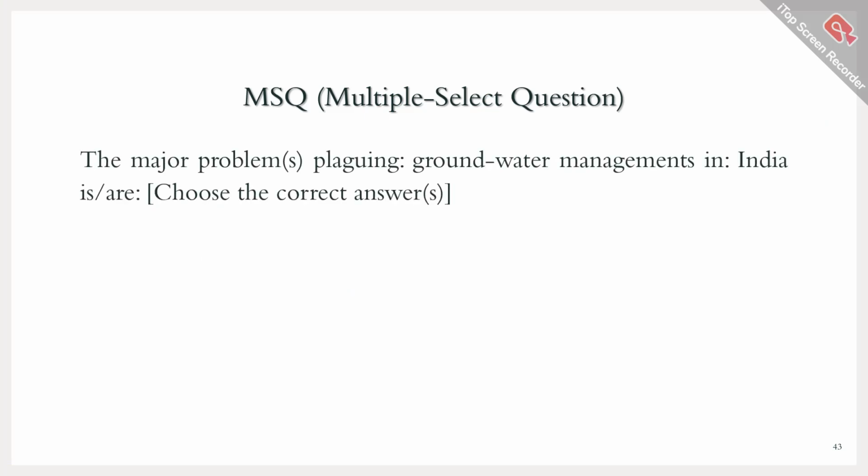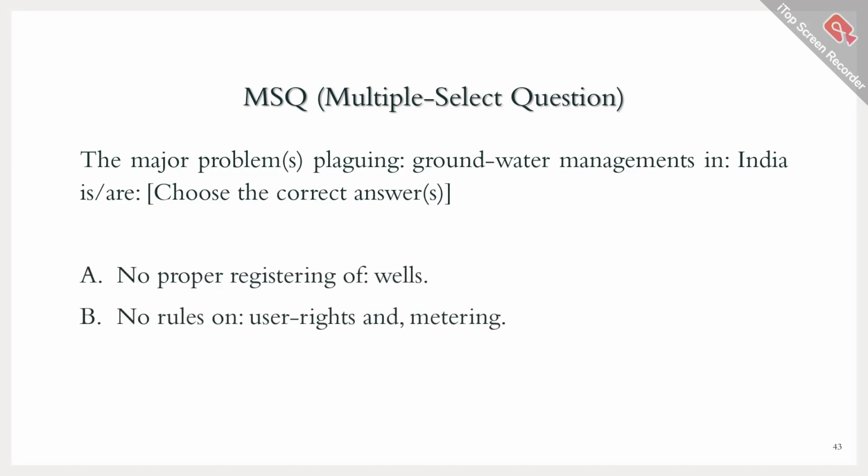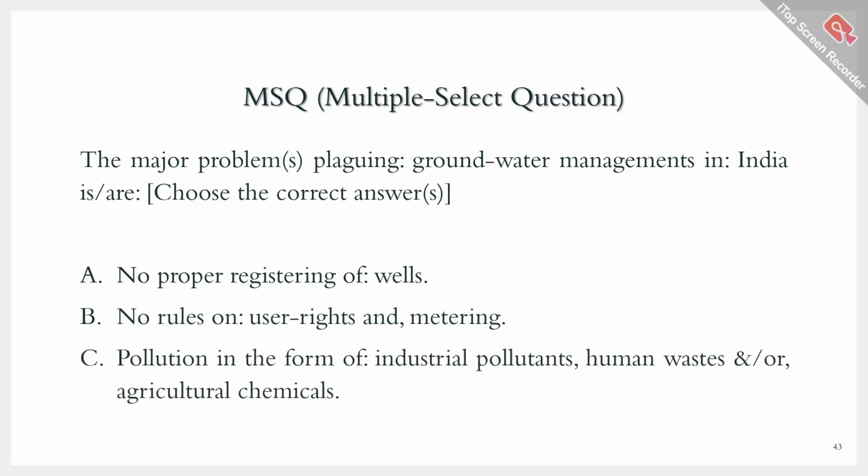Okay. Now I'll move on to our next multiple select question. The major problems plaguing groundwater management in India are, choose the correct answers. Option A, no proper registering of wells. B, no rules on user rights and metering. Option C is pollution in the form of industrial pollutants, human wastes, and or agricultural chemicals.